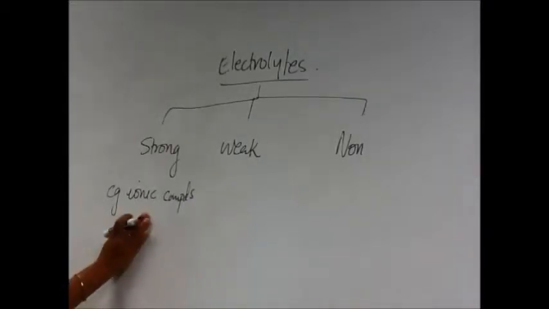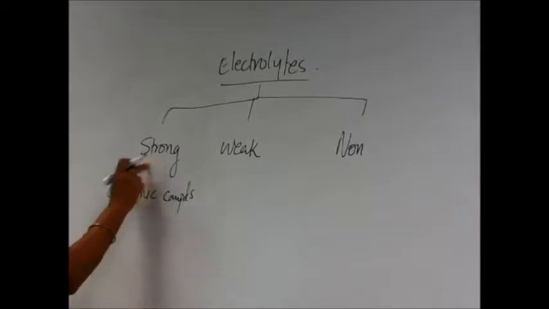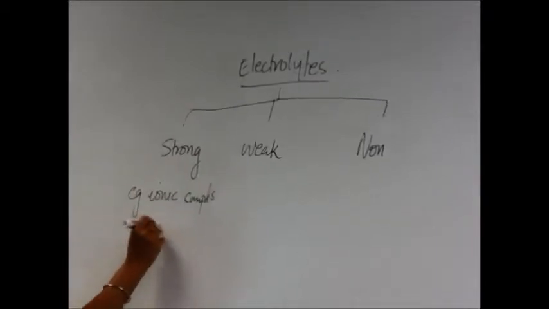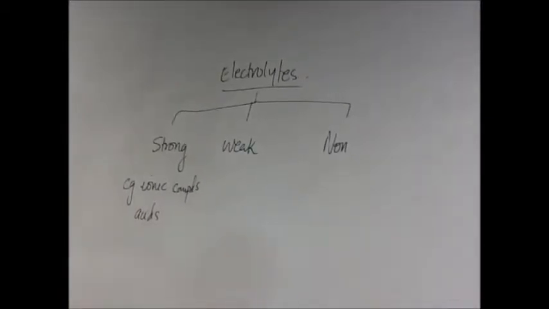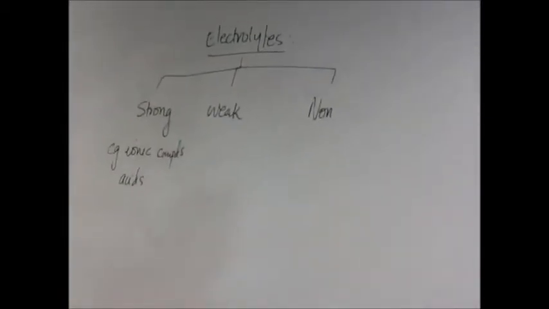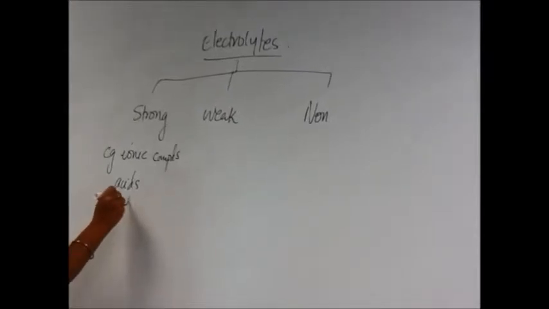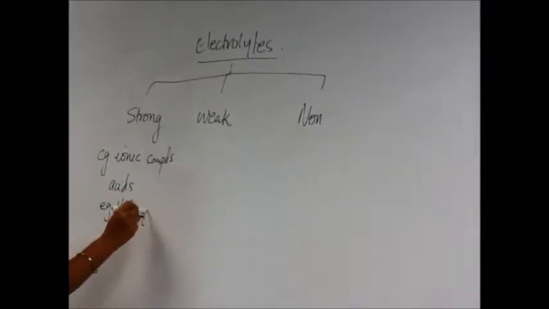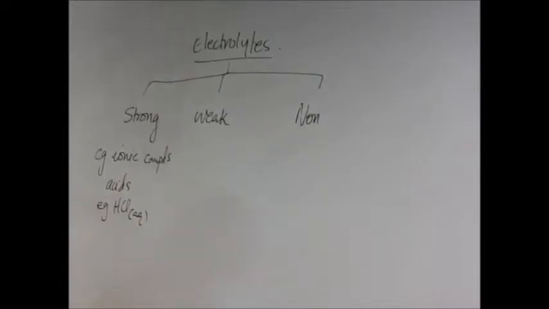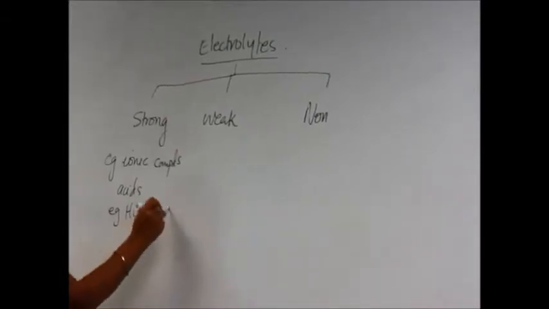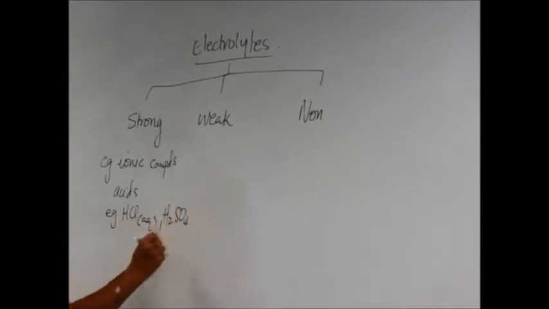The other example for strong electrolytes are going to be acids. And these are a little bit weird because acids, as you know, have no metals in them. For example, hydrochloric acid, and you may want to write aqueous there so you know it's not hydrogen chloride, but hydrochloric acid. Sulfuric acid.